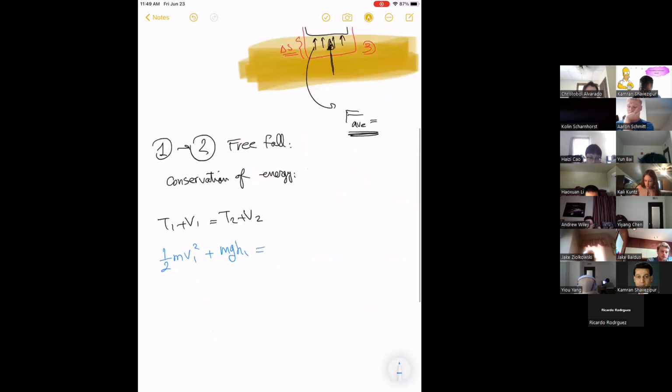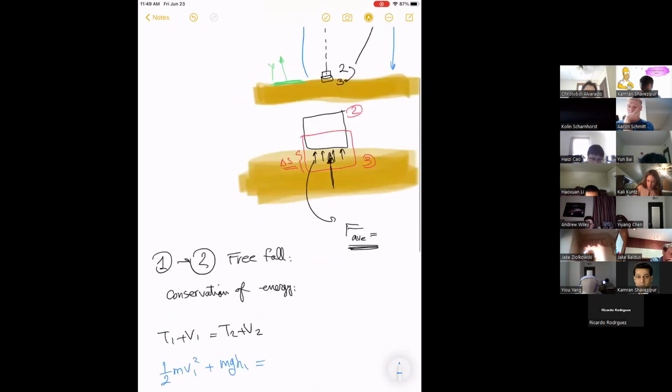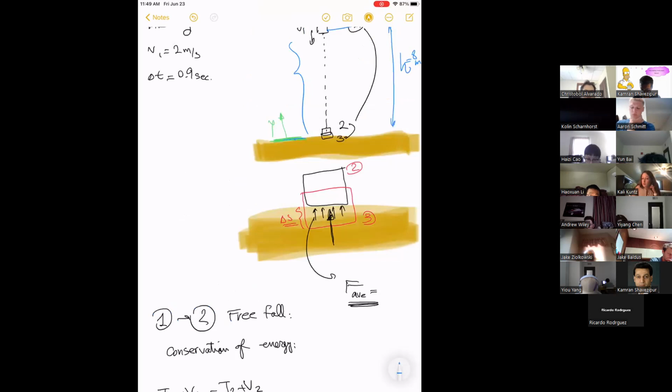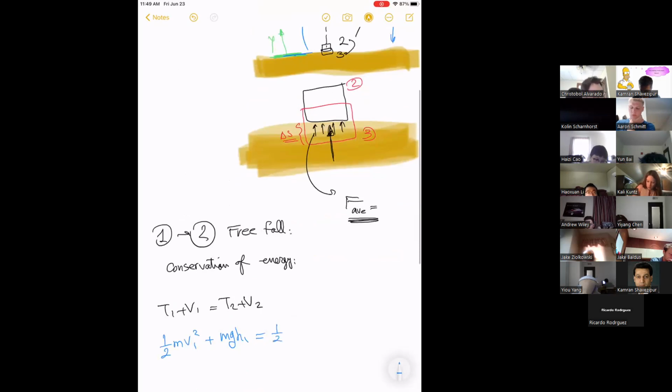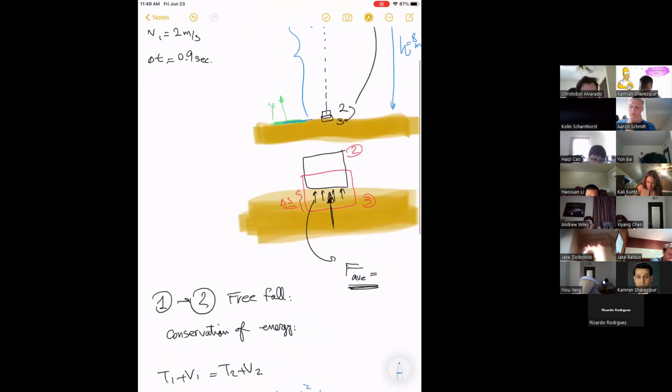And the final, how much is the final velocity at the surface of the sand? We don't know. That's technically what we're looking for, right? So half mv2 squared and mgh2, which is going to be 0 because you get to this level.